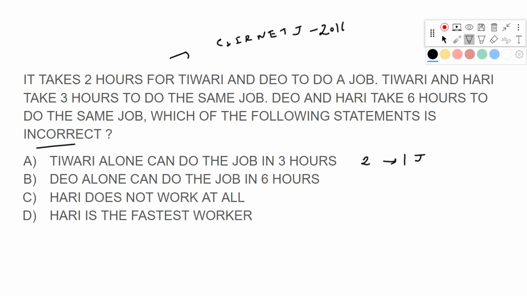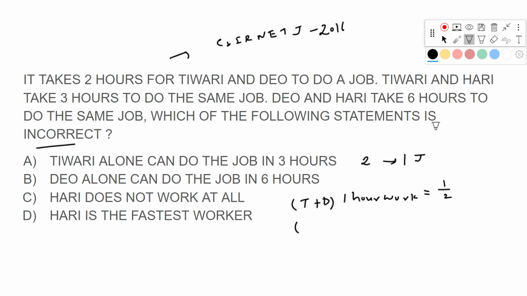Then Tiwari plus Dio, in 1 hour, is 1 by 2. So T plus D, that is Tiwari and Dio, 1 hour work, equal to 1 by 2.